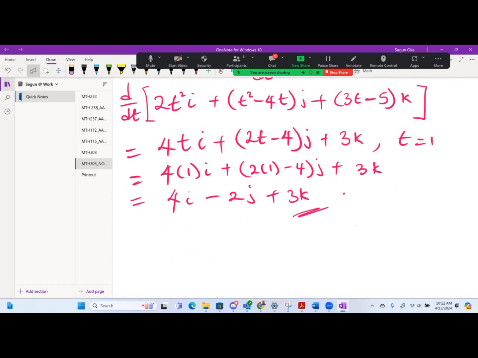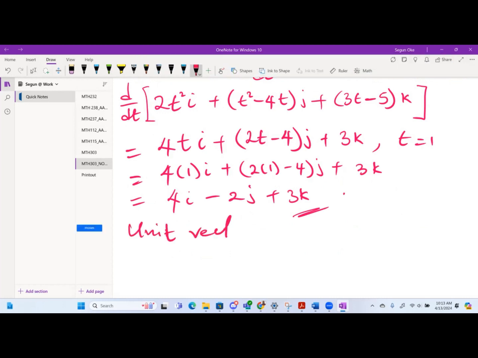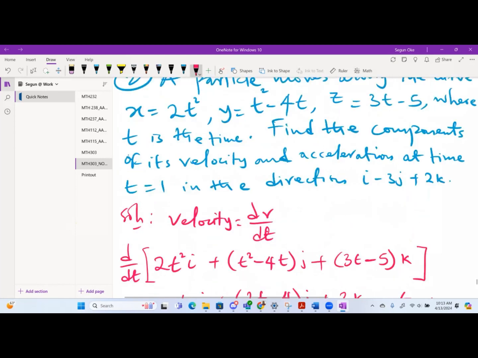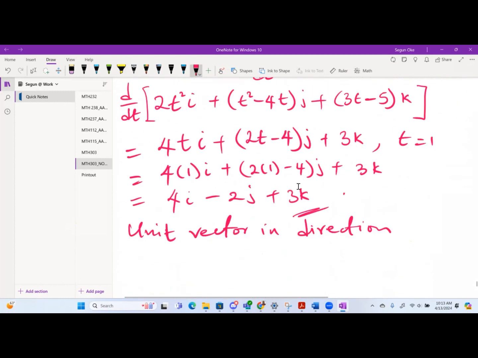Now, the next thing we need to calculate is the unit vector. Unit vector in the given direction. Don't forget we are given the direction. The direction is i minus 3j plus 2k.